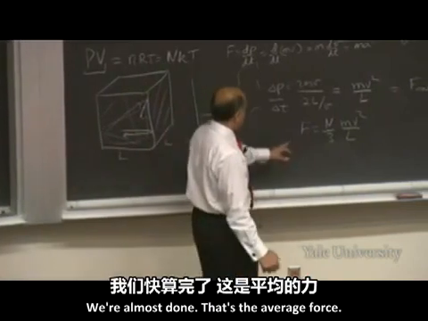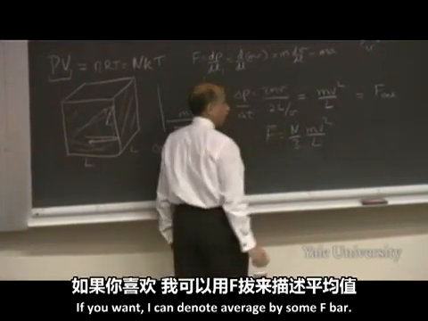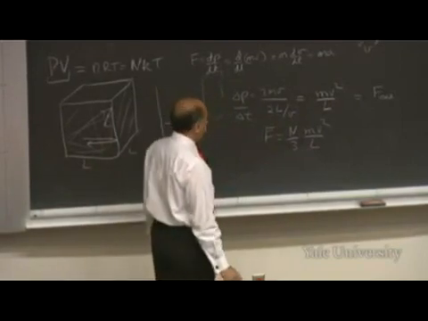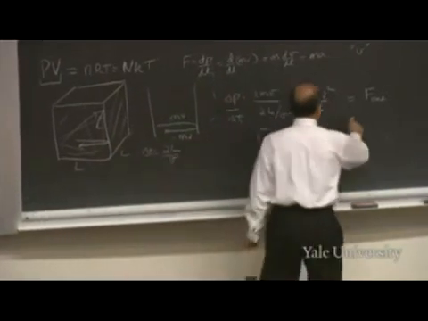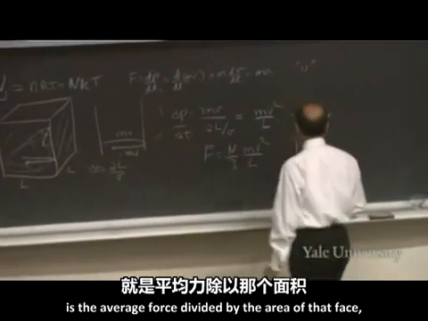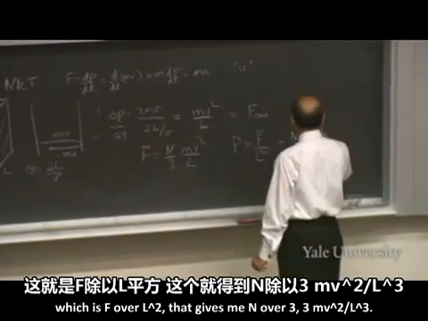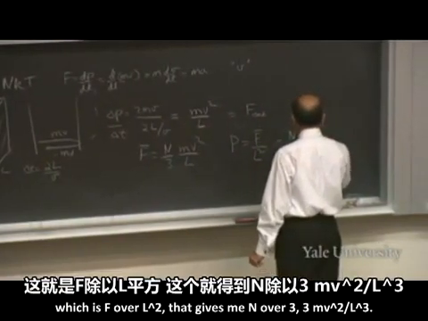Well, we're almost done. That's the average force. If you want, I can denote average by some F bar. Then what about the average pressure? The average pressure is the average force divided by the area of that face, which is F over L squared. That gives me n over 3 mv squared over L cubed.